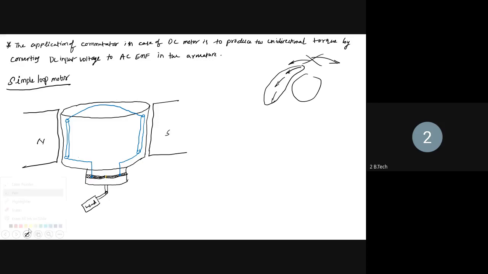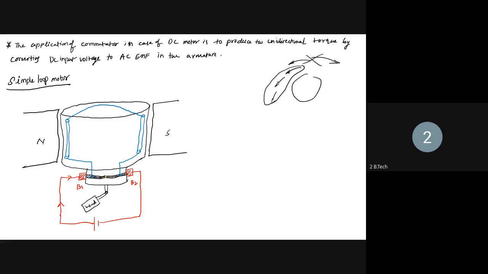And we have the brushes here, to which we give the input through a battery, so that the current starts flowing in this direction. This is the brush B1 and this is the brush B2.